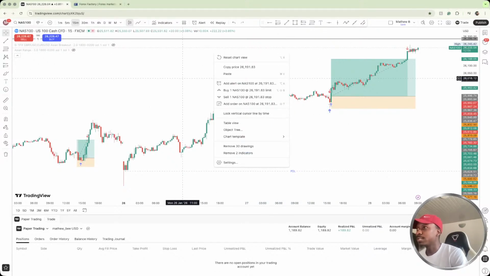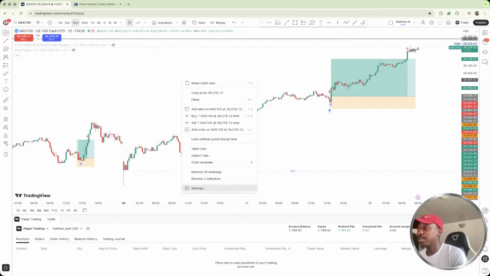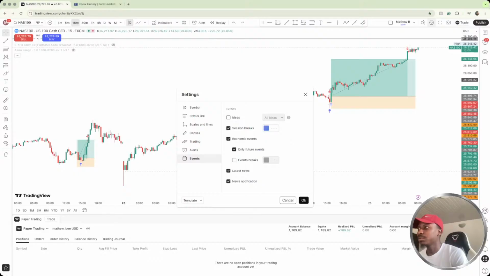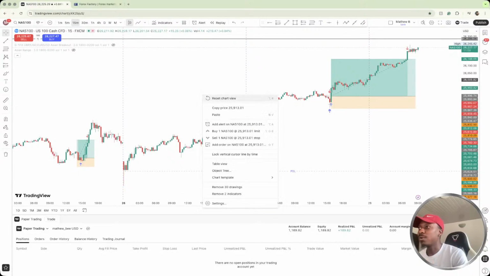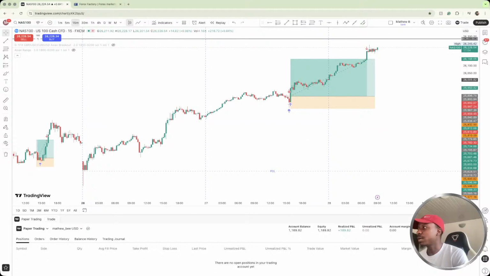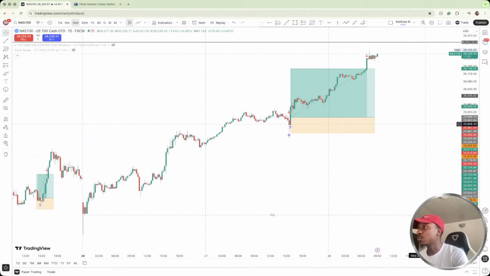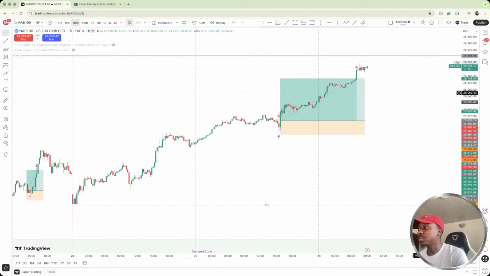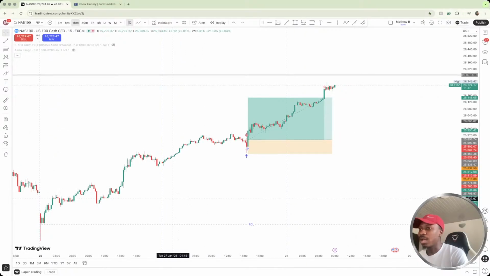First things first, let's understand the previous day high and the previous day low, because we need to know how high and how low the market actually traded yesterday. This is one of the things I really like to do first. I like to know the previous day range, like how much movement we had in the previous day. This is Tuesday.